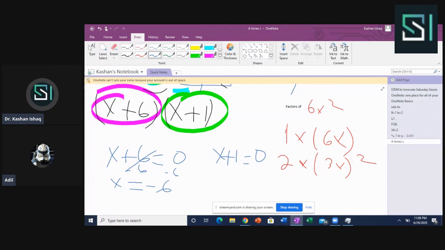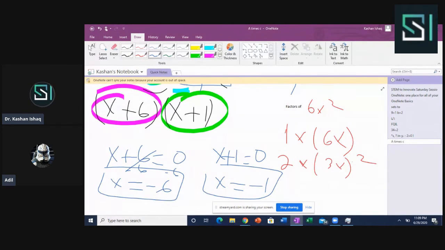That gives me x equals negative 6. That's one solution. The other one is x equals negative 1. That's the second solution. Just remember, if it was asking for the area, you cannot get a negative number, so you need a positive. If it's asking for a measurement or something, you would use a positive solution in that case. So in this case, we know that it has two solutions: x equals negative 6, x equals negative 1.